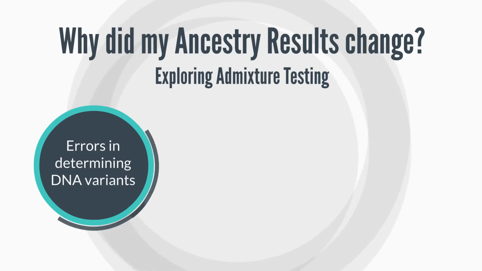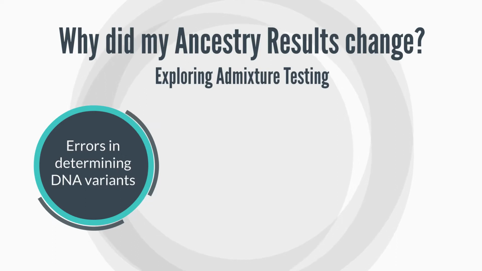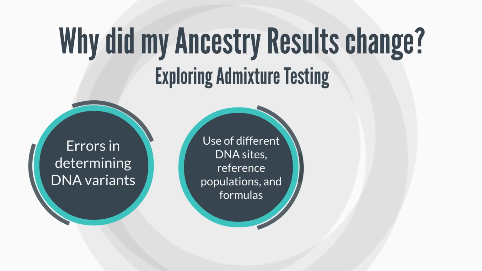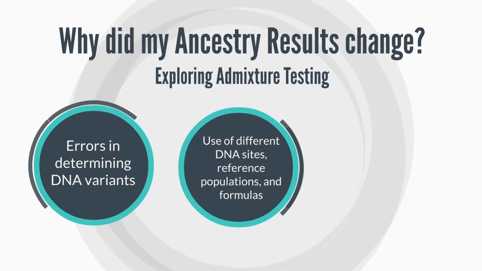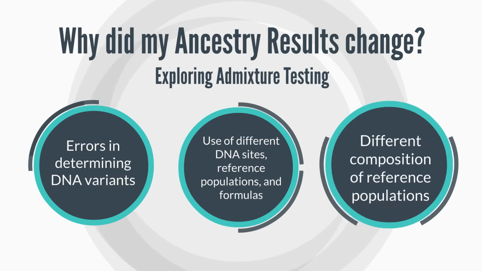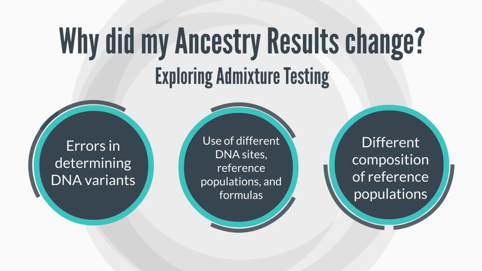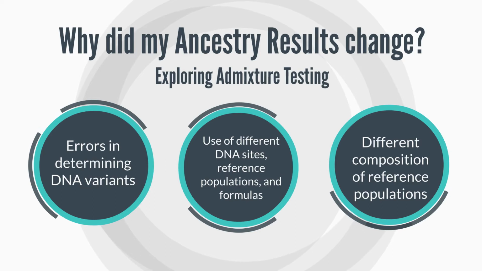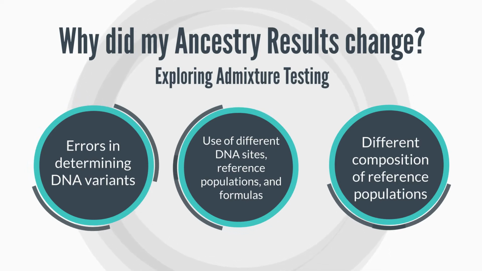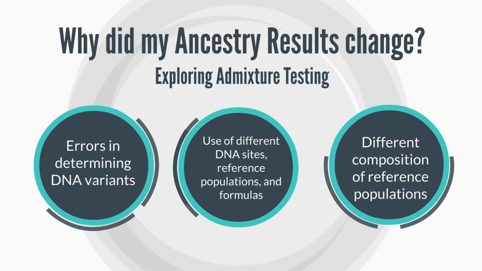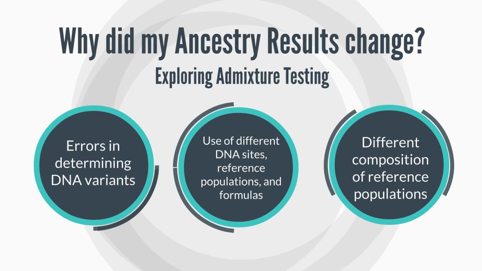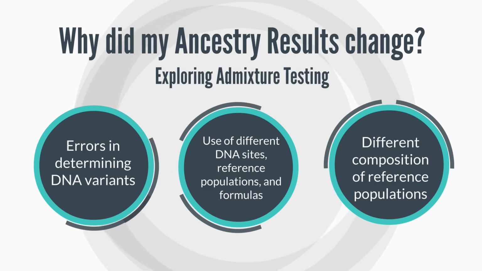Each company has its own way of doing the admixture analysis, using different sets of DNA sites, different reference populations, and different formulas to estimate Daisy's ancestry. In addition, each company selects different individuals to represent each reference population. So there are many factors that influence how an ancestry testing company comes up with an estimate for your ancestry. And it is the combination of all of these factors that explains why your DNA does not change, but your ancestry results might.